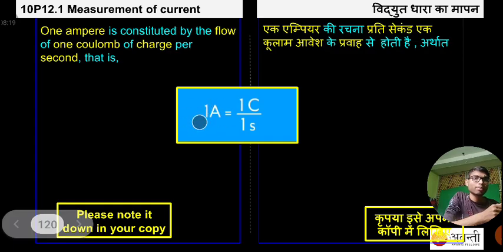We are saying that within 1 second, 1 coulomb is passing. If we have 2 ampere, then it will be something else.